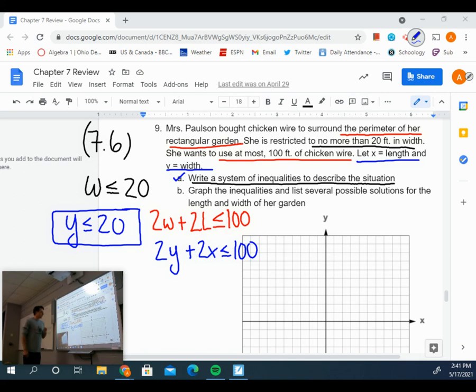Okay? Y is less than or equal to 20. That is already in slope-intercept form, ready to be graphed. Remember, to graph inequalities, we need Y to be by itself. But in this other inequality, Y is not by itself. So I need to get Y by itself.